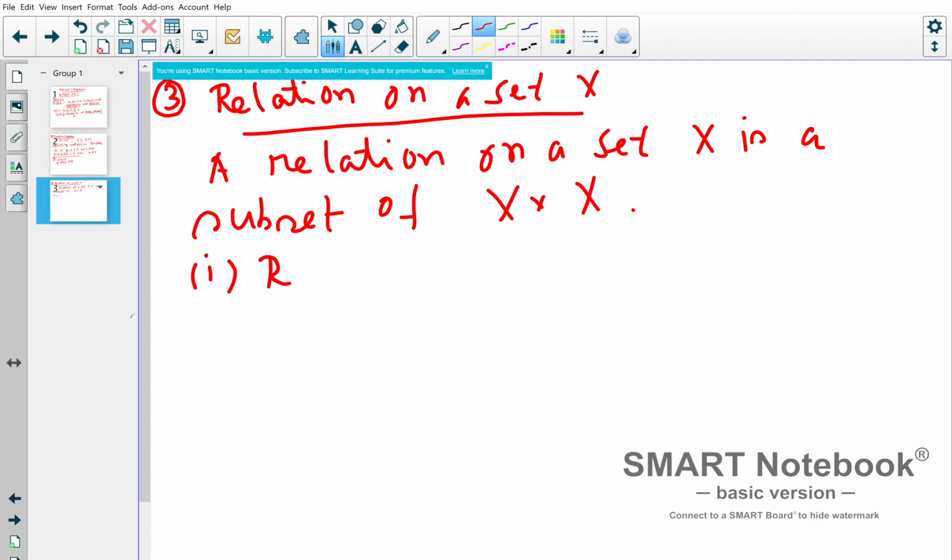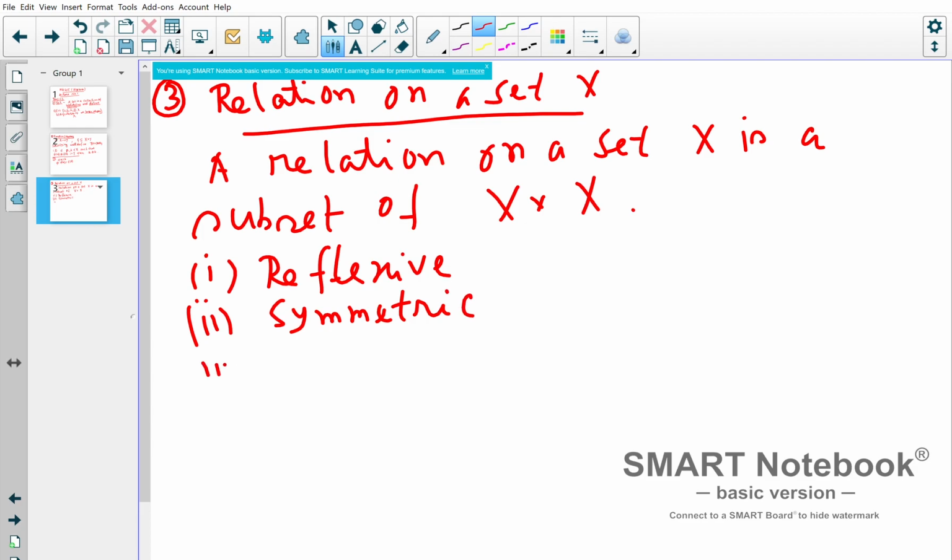You already know there are many kinds of relations: reflexive, symmetric, transitive. I'm not writing in all the details because you have learned this in school.